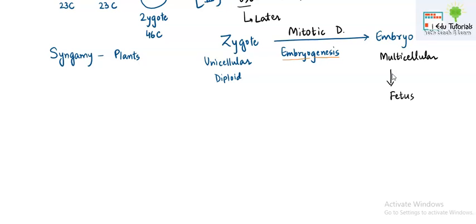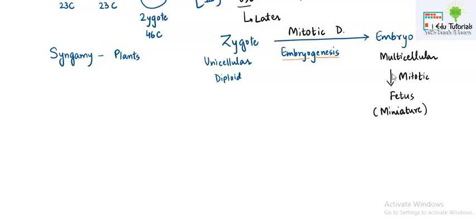The fetus is formed by mitotic divisions in the embryo, and the fetus develops small arms, limbs are developed. So it is a miniature form of the human being because it has developed eyes and slightly developed limbs, right? So the fetus is an advanced stage of the embryo.